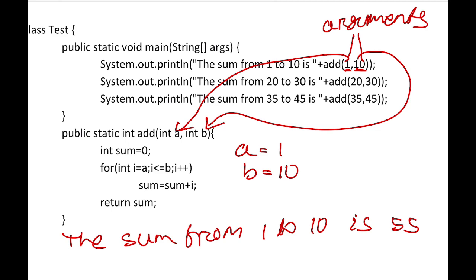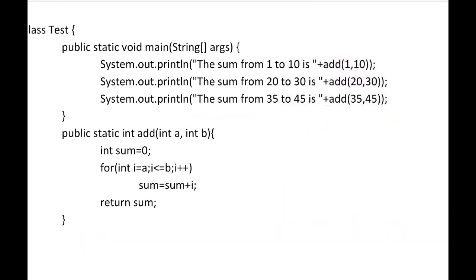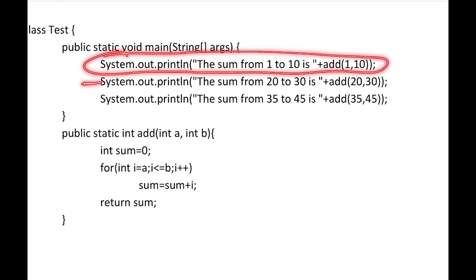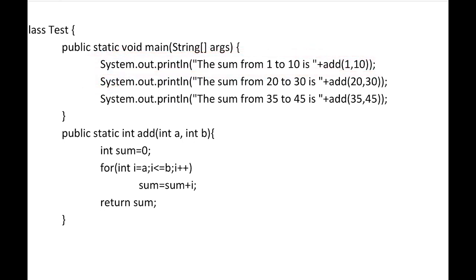Now again the second line is going to execute. After the previous line completes its execution, the control comes to the next line: System.out.println the sum from 20 to 30 is add(20, 30). When this method is called, add(20, 30), the control comes again here, and the value of 20 is passed to a, the value of 30 is passed to b.